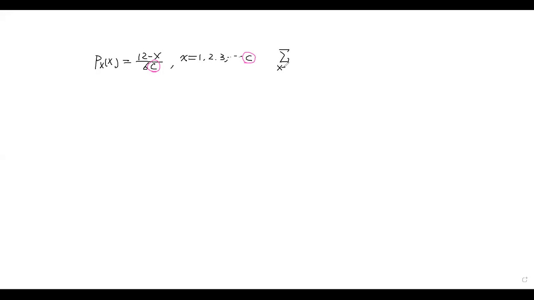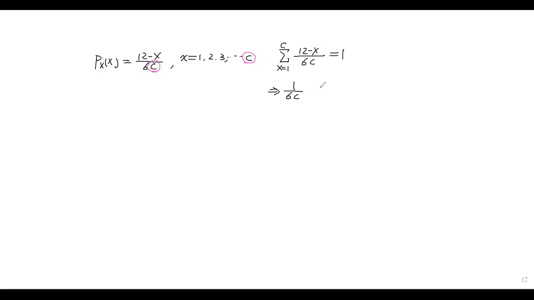Here it is the same thing. If you add this PMF, (12 minus x) over 6C, for x from 1 to C, when you add them up, it has to be equal to 1. So let's see how we add them up. I can move the 1 over 6C to the front.